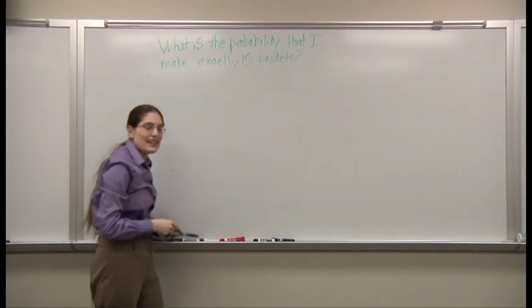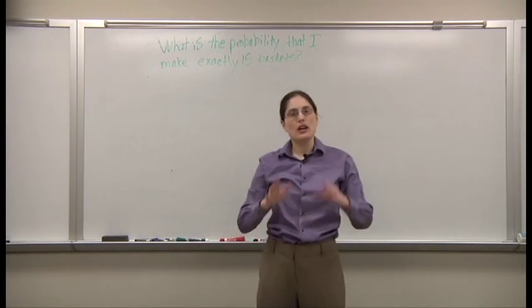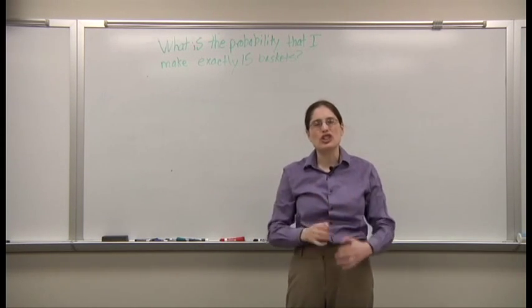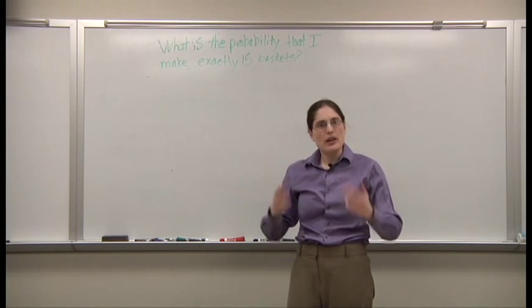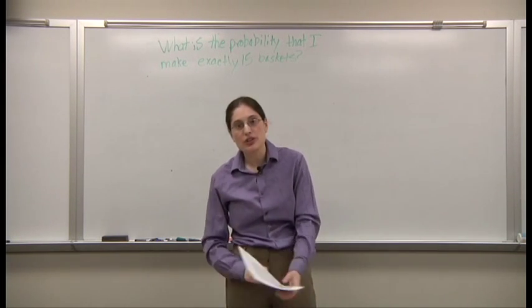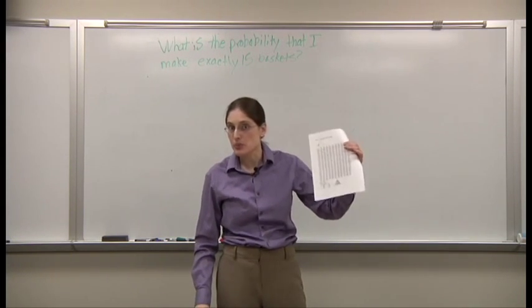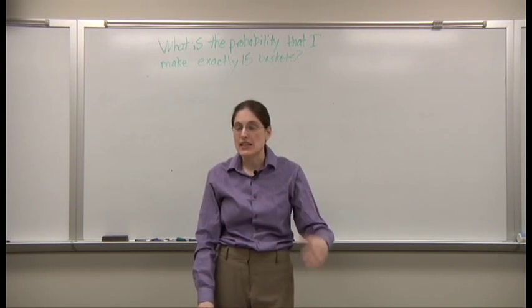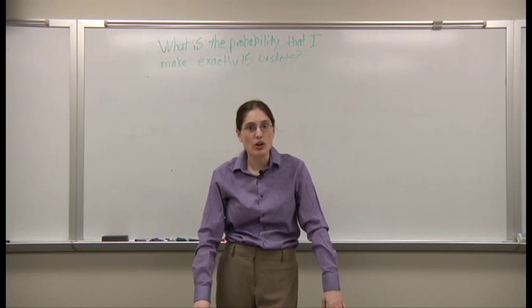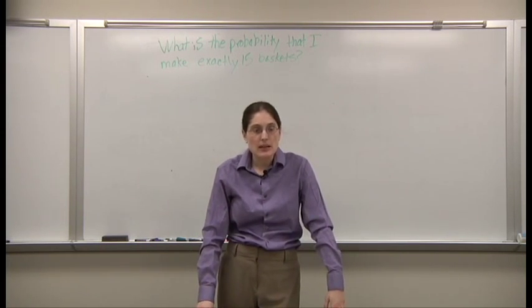Now, asking an exact value of a continuous distribution is a weird thing to do. After all, under the assumptions of the normal distribution, the probability that someone is, say, exactly 6 feet tall, that can't happen.